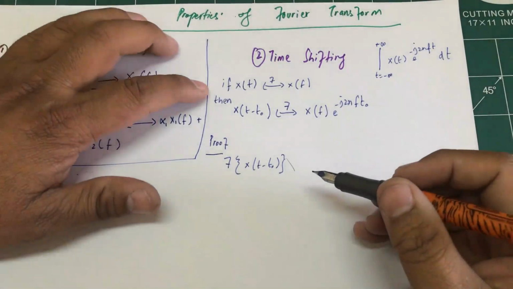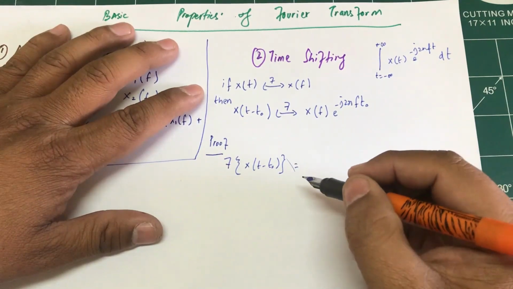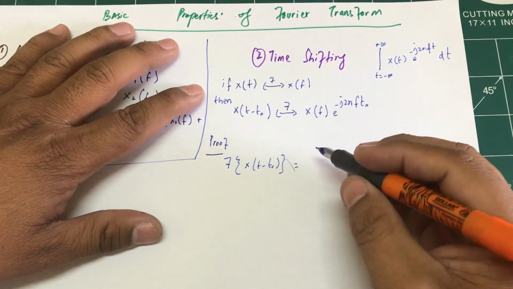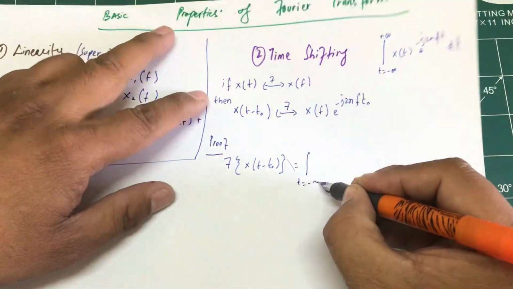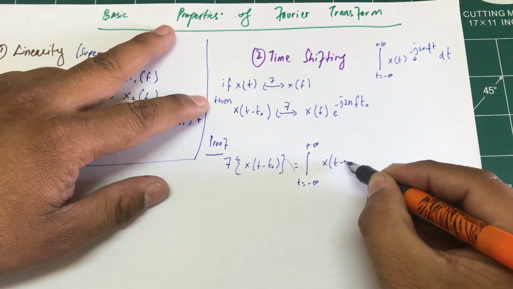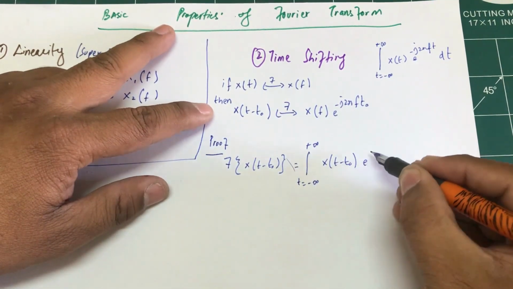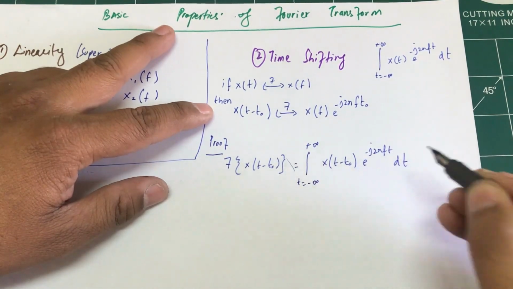So the Fourier transform of this is the integral as t goes from negative infinity to positive infinity of x of t minus t naught e to the negative j 2 pi f t dt.